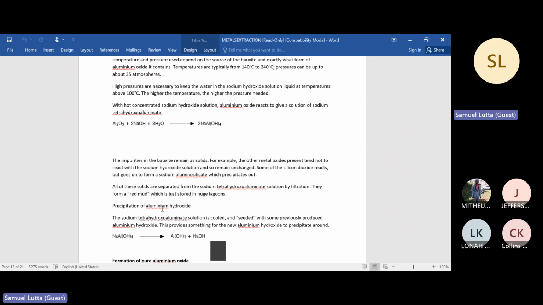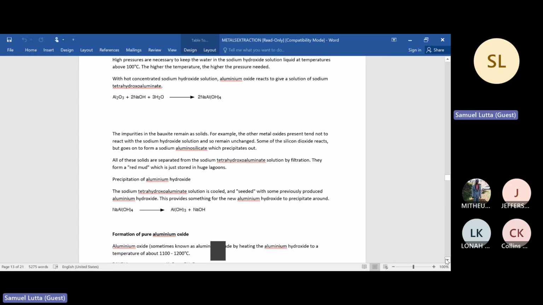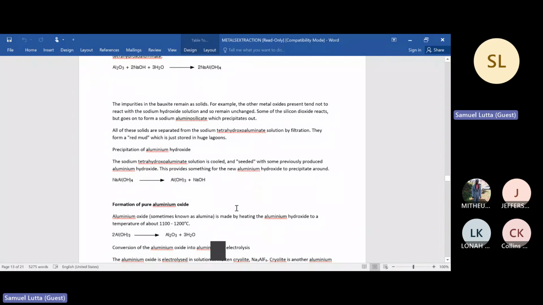And then the solution is heated at very high temperature. When you heat it, it breaks down to form aluminium hydroxide plus sodium hydroxide. So it breaks down to the starting material.